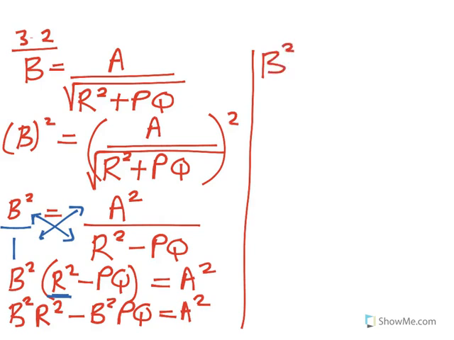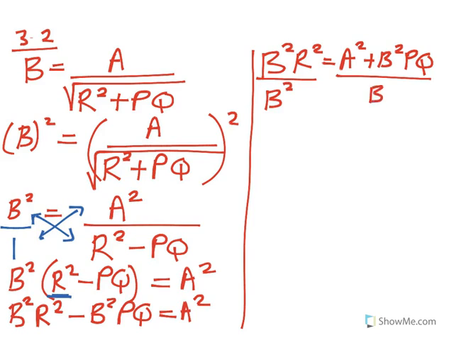So I'll have B squared R squared is equal to A squared minus B squared PQ. Then after that, the next thing I'll need to do is to divide both sides by B squared.